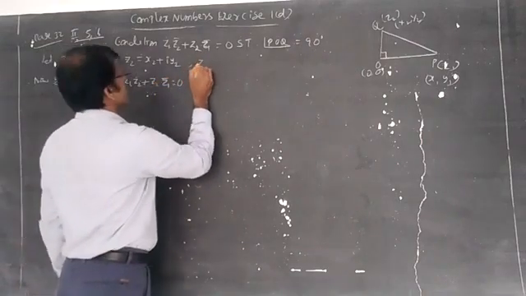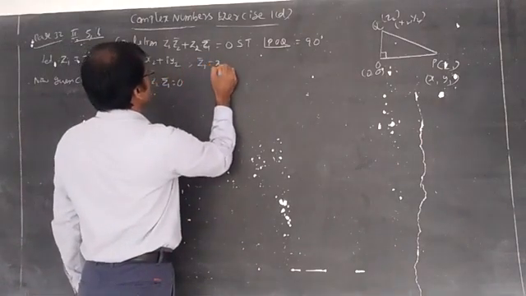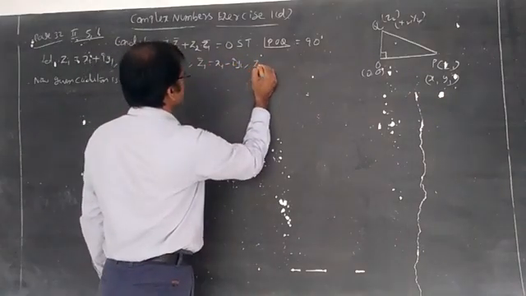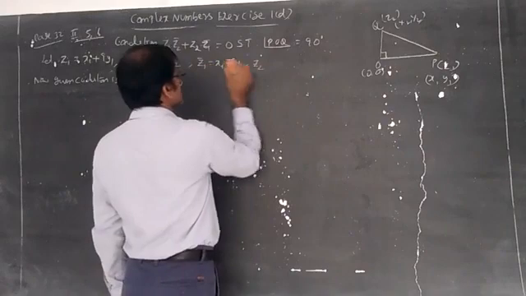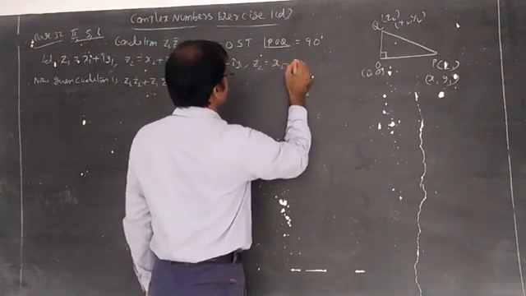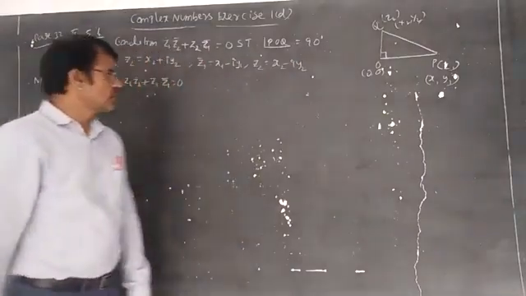Bar here means the conjugate complex number. Z1 bar is equal to x1 minus i y1 and Z2 bar is equal to x2 minus i y2.